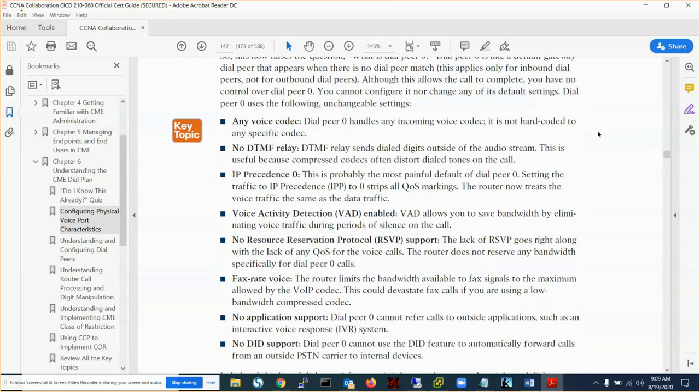Next, VAD. Sometimes you're talking to somebody on the phone and the person tells you, hold on, let me see if I can find the document you're asking for, and it might be almost a minute while you wait on the line. VAD is really to save bandwidth, right?